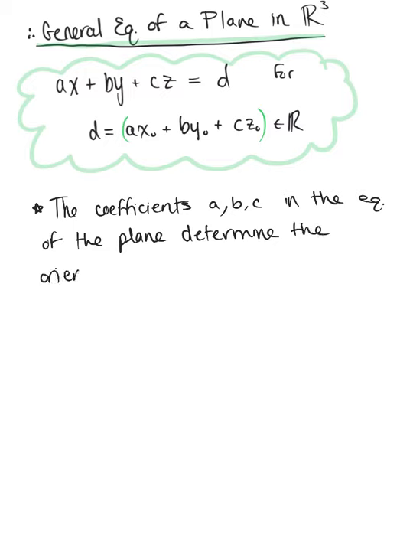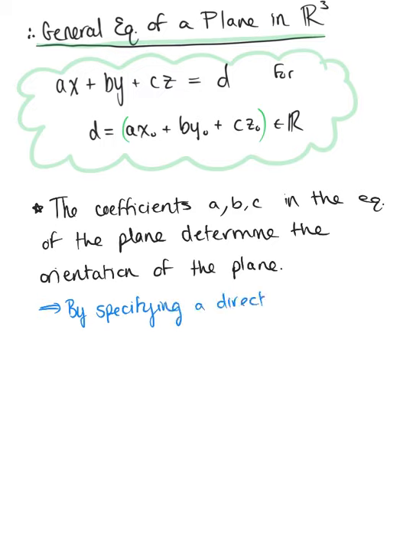So the orientation or the direction of the plane. So the coefficients A, B, and C, the components of the normal vector in the equation of the plane, determine the orientation of the plane. And they do this by specifying a direction that's normal to the plane.